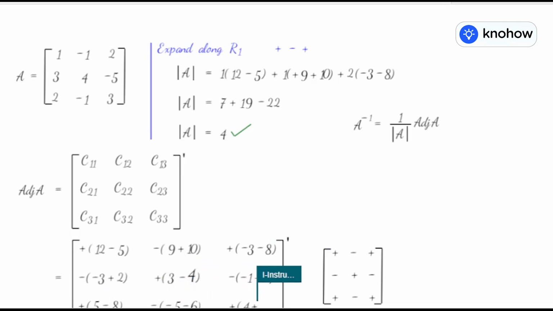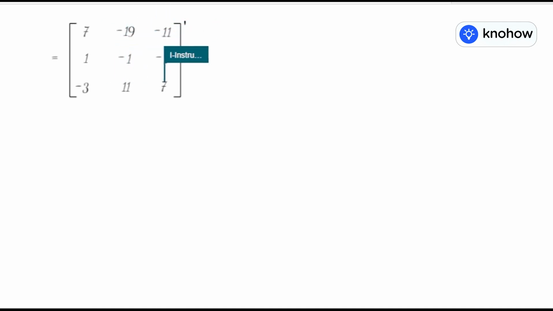Just work it out and you get the transpose of, don't forget the transpose, 7, minus 19, minus 11, 1, minus 1, minus 1, minus 3, 11, 7. Now finally you get adjoint A as the transpose of it.